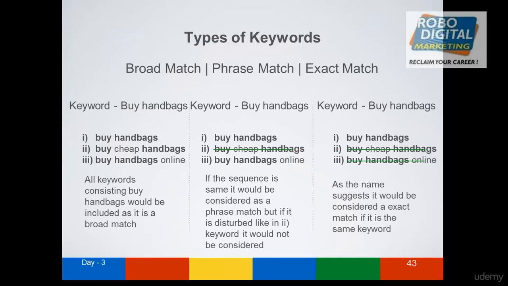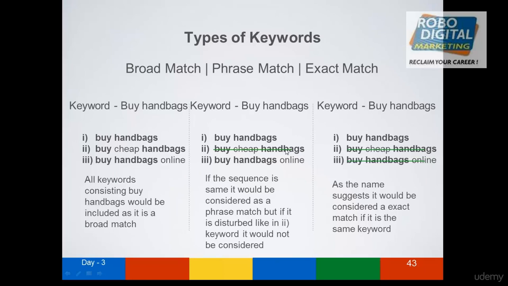But in the case of phrase match, the phrase is buy handbags. If these words come together, then only my ad will be shown, otherwise it will not. As you can see, in the first case, buy handbags, it will be visible. In the third case, buy handbags online, it will be visible. But if anything comes in between the two words, like buy cheap handbags, my ad won't be shown.